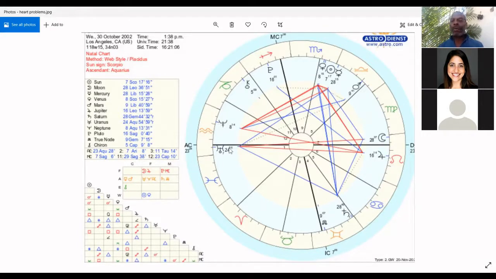The first thing I want to look at, because we want to find the person asking the question, and we also want to find the person's body, right? The person's body is represented by the ascendant and the planet that rules the ascendant, which is Saturn. So there's Saturn in Gemini. That doesn't really point to the sign of the heart, although Saturn is very close to the fifth house cusp, and the fifth house represents the heart.